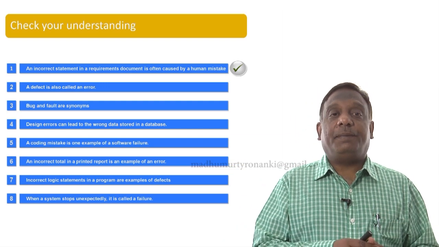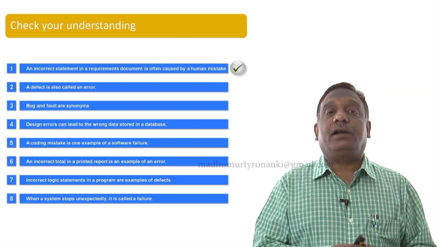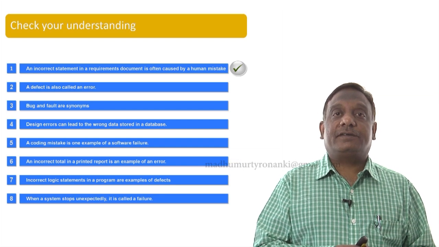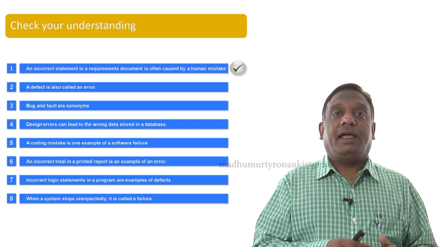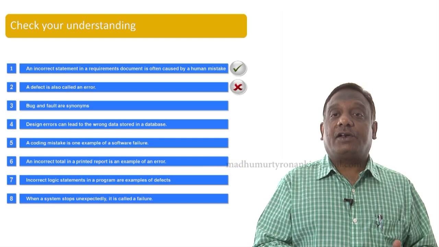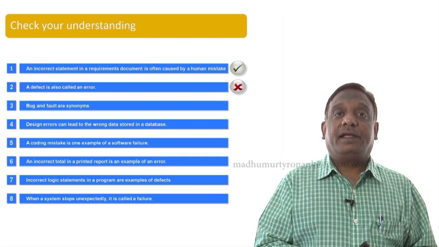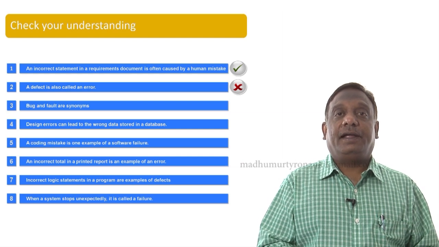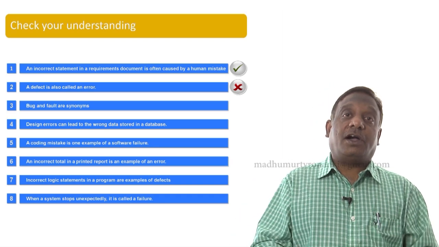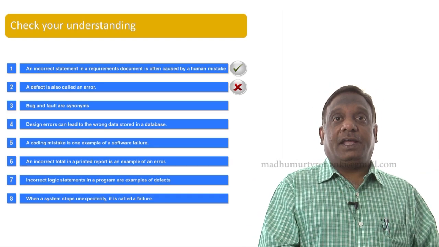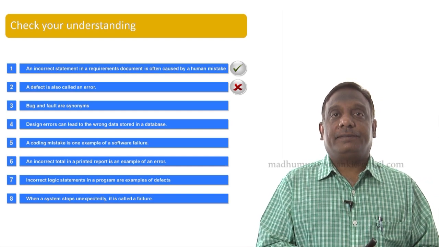The second statement says that a defect is also called an error. Yes or no? This is a wrong statement. A defect is the result of an error. A defect is a flaw in the system which was caused by a mistake by a programmer.